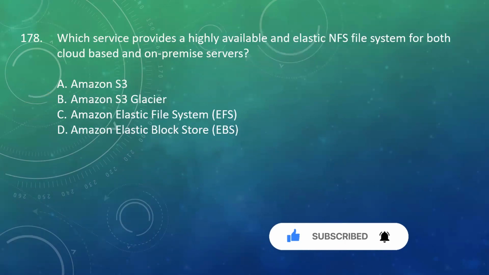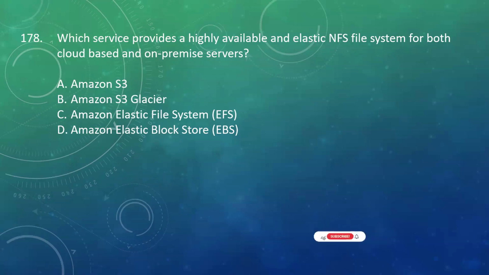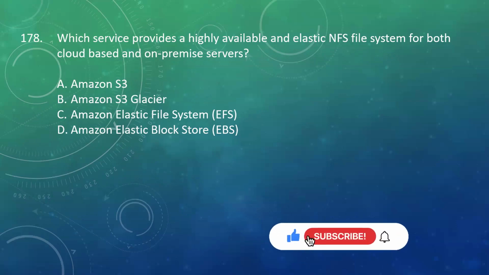Question number 178. Which service provides a highly available and elastic NFS file system for both cloud-based and on-premise servers? Your options are Amazon S3, Amazon S3 Glacier, Amazon Elastic File System, also called EFS, and Amazon Elastic Block Store, also called EBS.